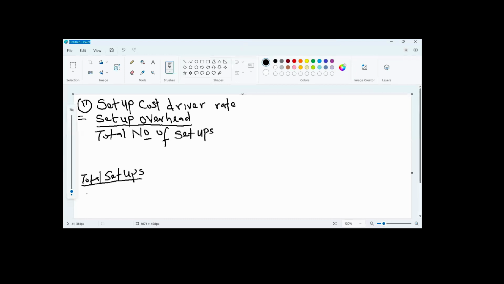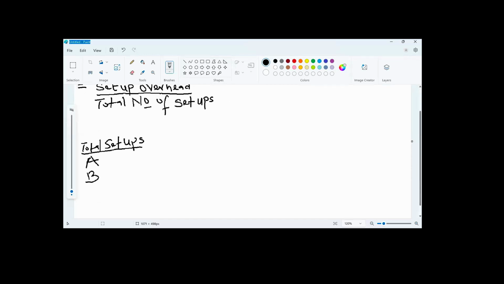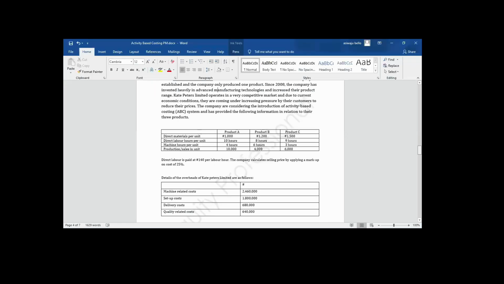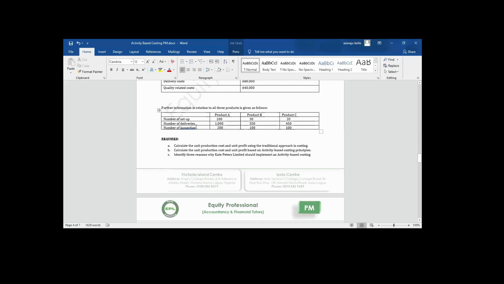List out your products: product A, product B, then product C. Go back to the question. Number of setups: for A, 100 setups. For B, 30 setups. For C, 20 setups.